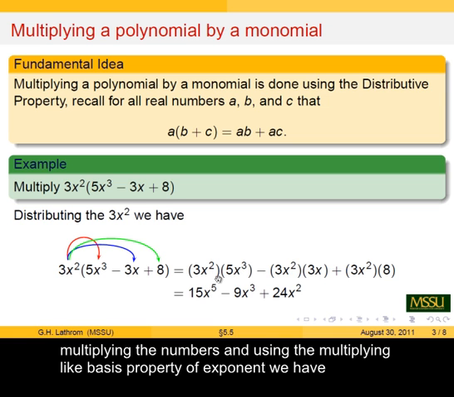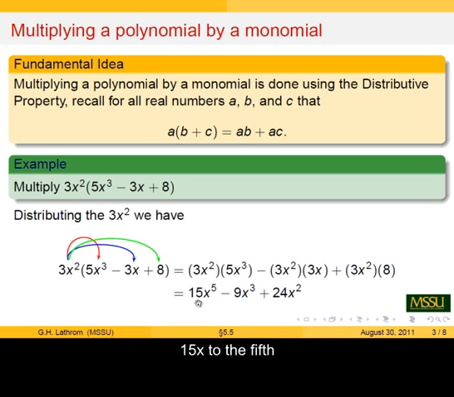Multiplying the numbers and using our multiplying like bases property of exponents, we have 15x to the 5th minus 9x cubed plus 24x squared.